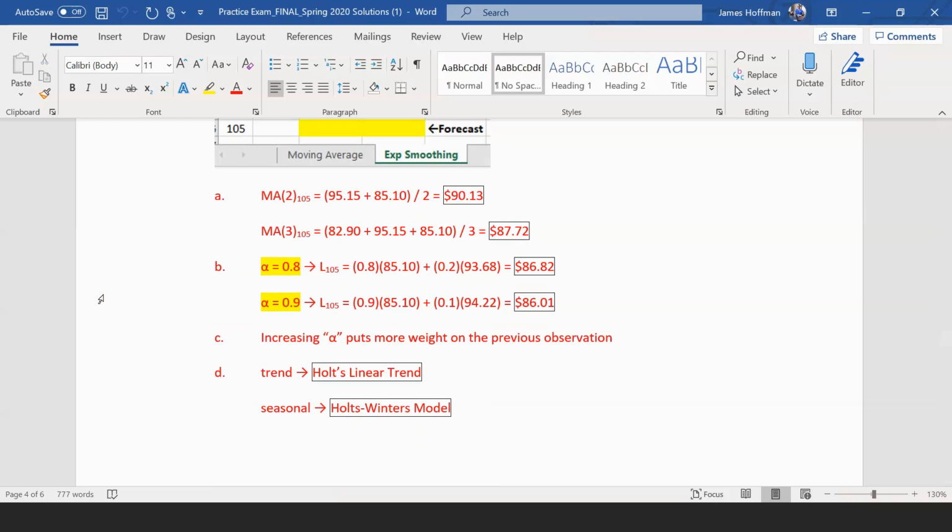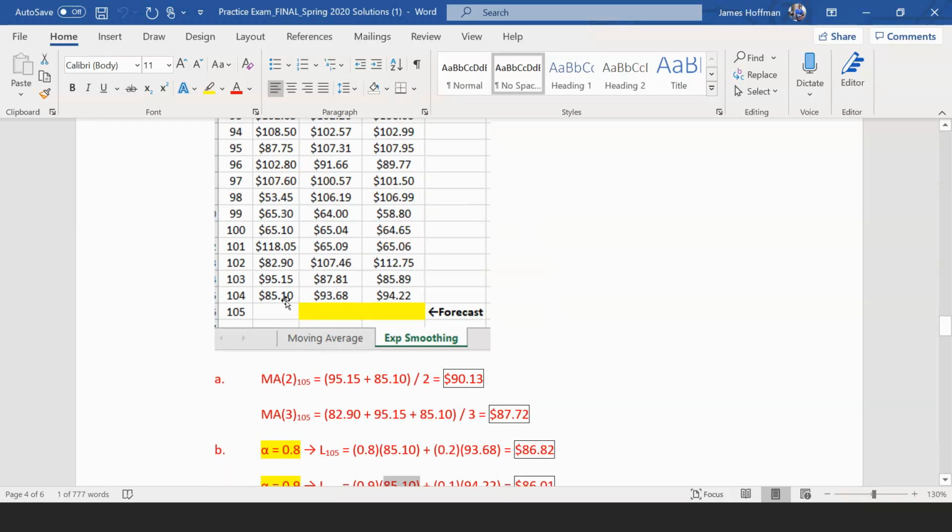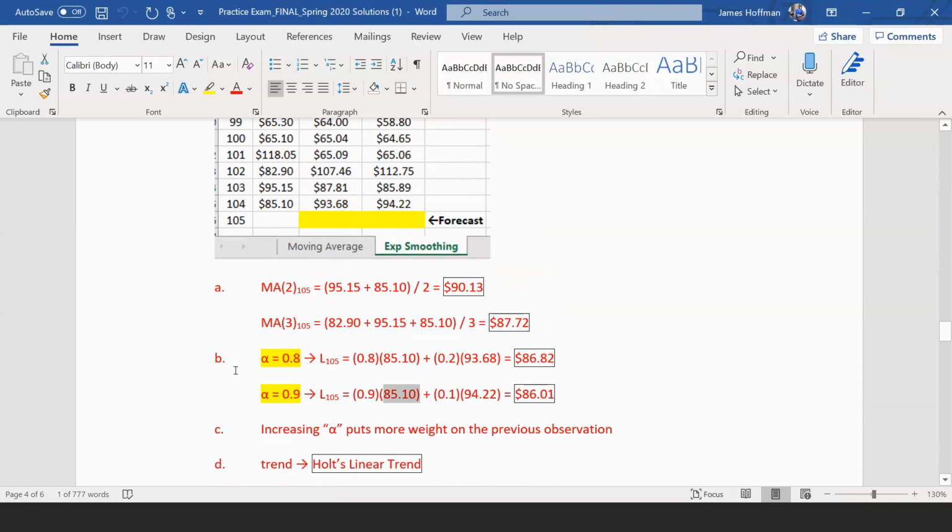All right, same process but a different alpha of 0.9. So the L105 for 0.9 is alpha 0.9 times, again, the last observation, which is 8510, plus 1 minus alpha, which is 0.1, since 1 minus 0.9 is 0.1.